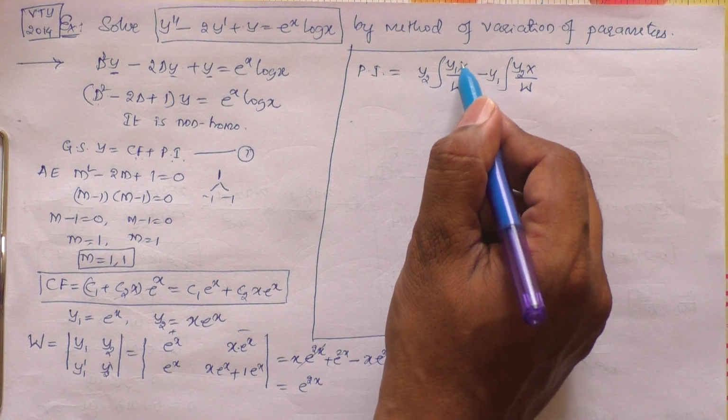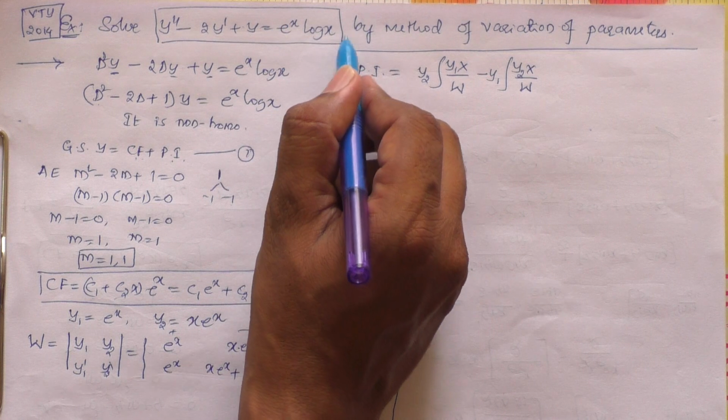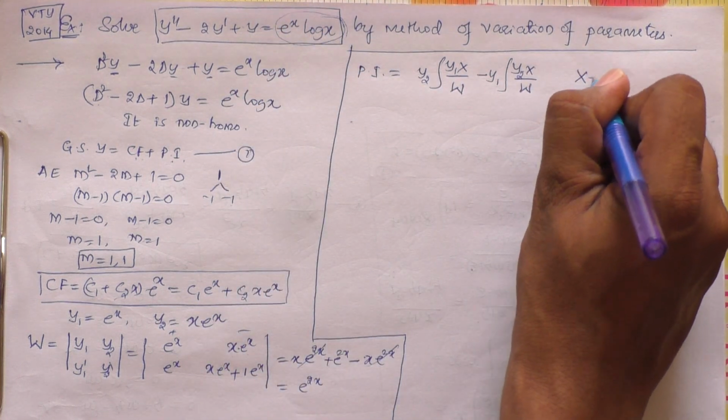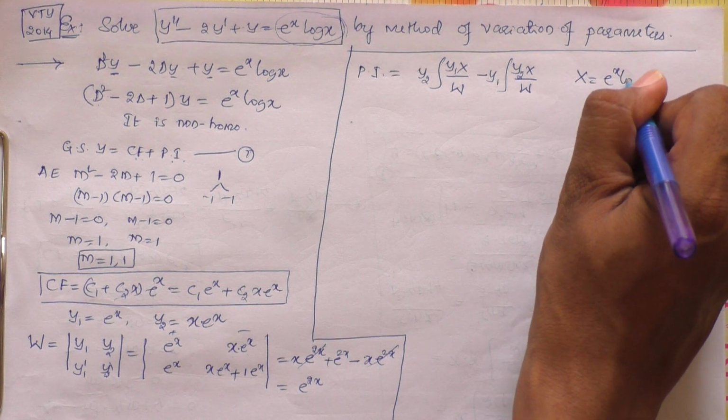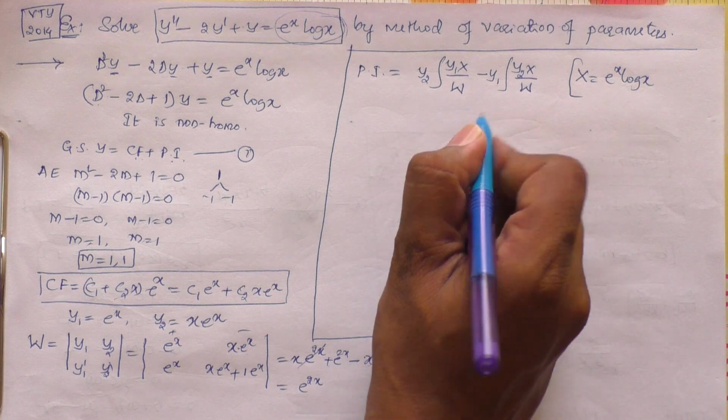So for this problem, capital X means the X term in the given problem. So here the X term is e raised to x log x. So capital X is e raised to x log x. So now we know all the terms, substitute and simplify.